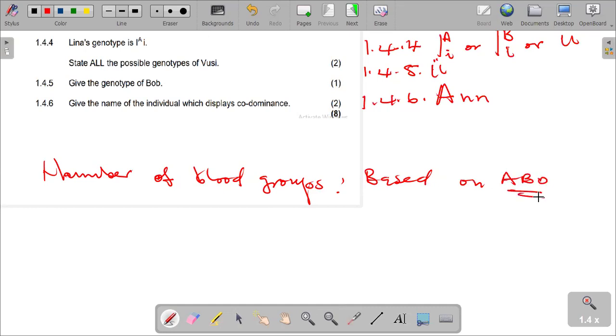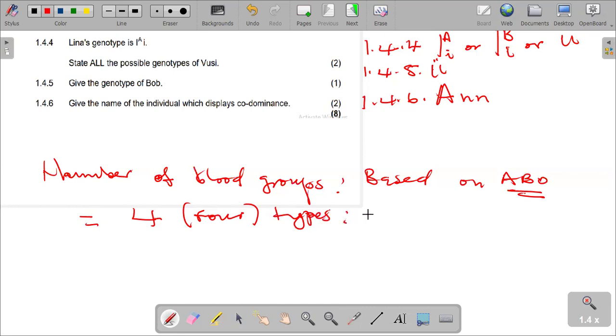We are saying these blood groups, there are four of them.